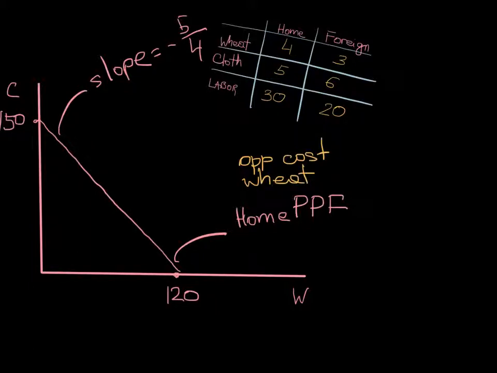How do I know? It's because to produce 4 units of wheat, home needs to use 5 units of cloth. So therefore, home needs to give up 5 units of cloth to produce 4 units of wheat.